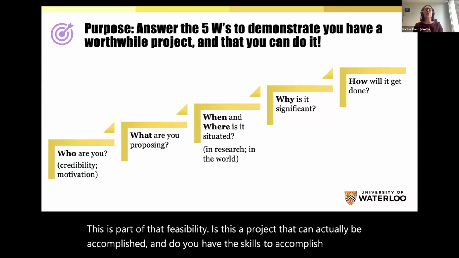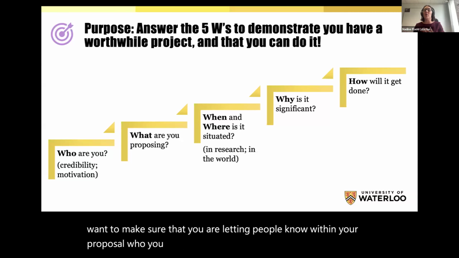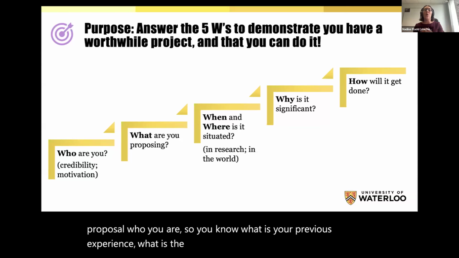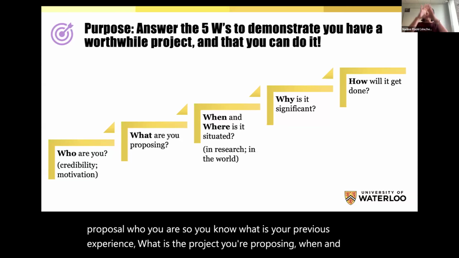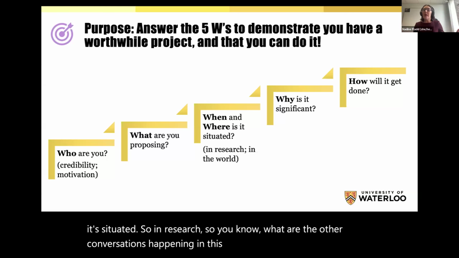So you want to make sure that you are letting people know within your proposal who you are. So, what is your previous experience? What is the project you're proposing? When and where is it situated? So in research, what are the other conversations happening in this field, but also in the world?